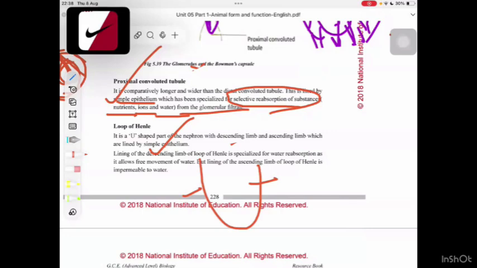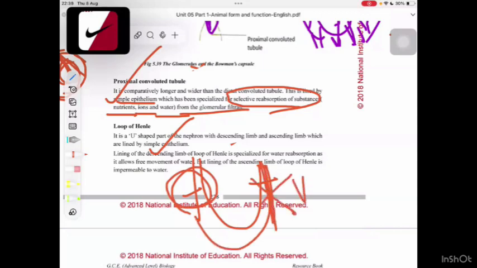And one major important MCQ point is that the lining of the descending limb of the loop of Henle is specialized for water reabsorption, as it allows free movement of water. But the ascending limb doesn't allow water reabsorption, and it doesn't allow water secretion either. Nothing is allowed.